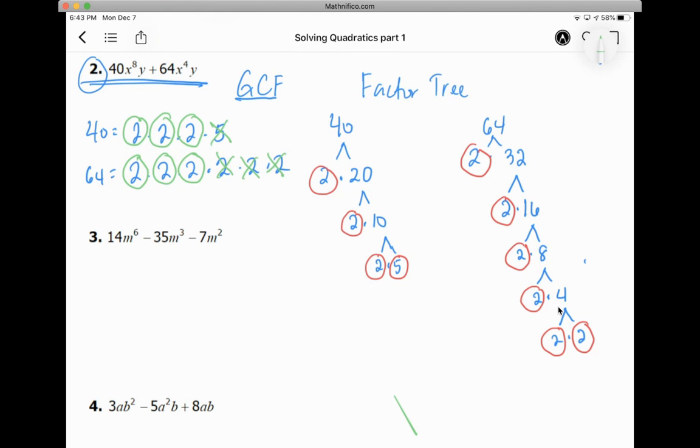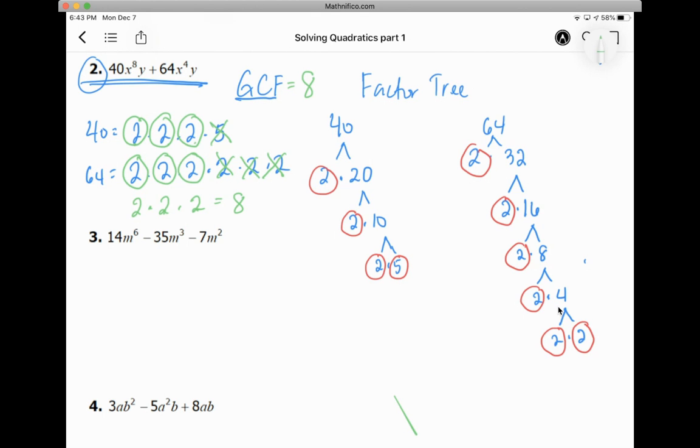You don't need that. So 1, 2, and 3. So 2 times 2 times 2 are my common numbers. 2 times 2 gives me 4, times 2 gives me 8. So therefore, my greatest common factor is 8.